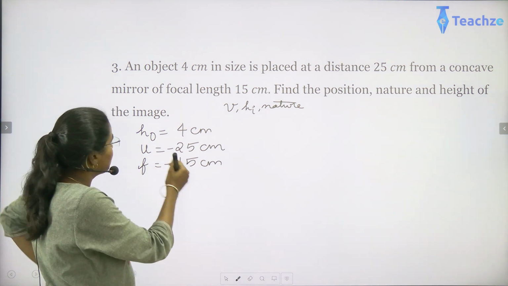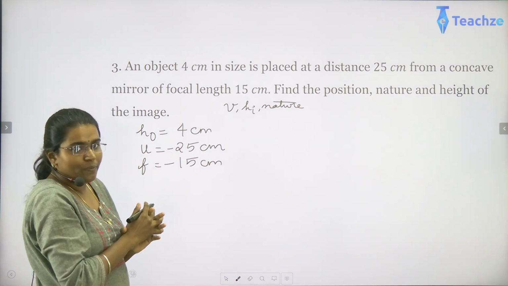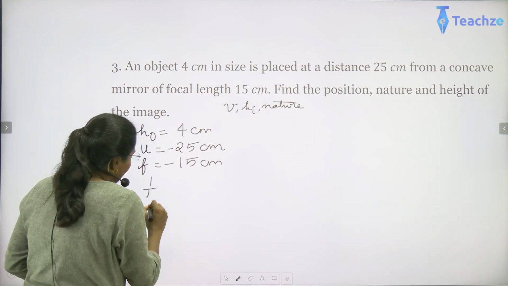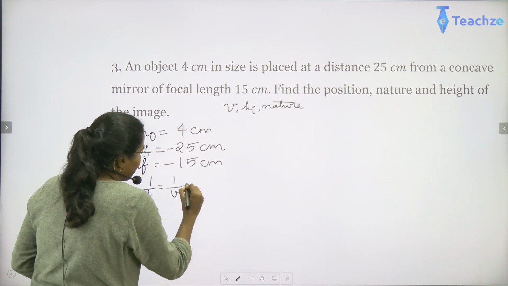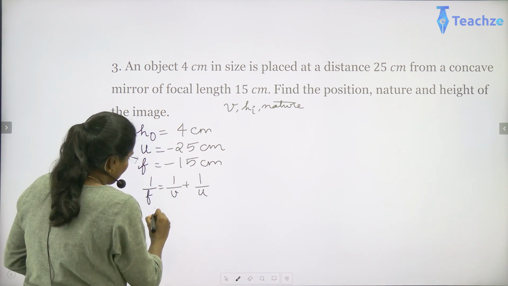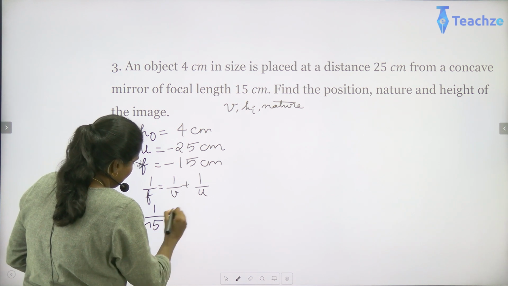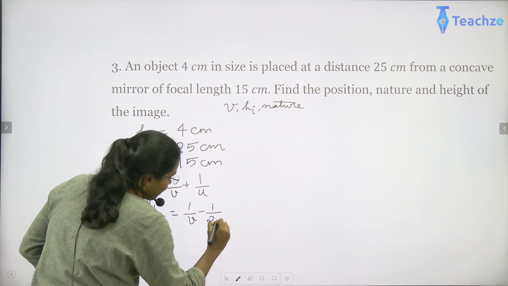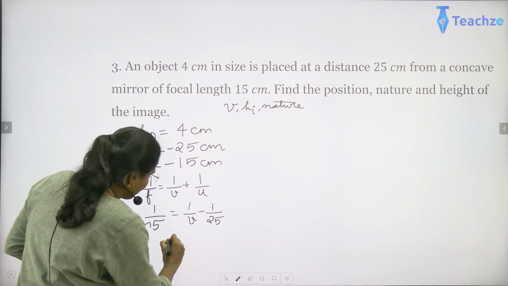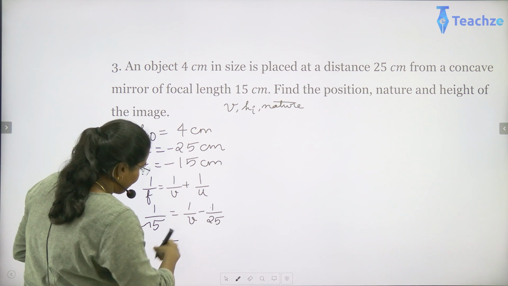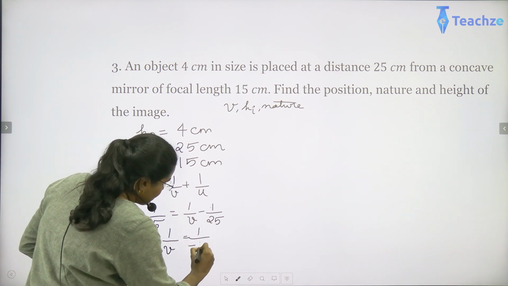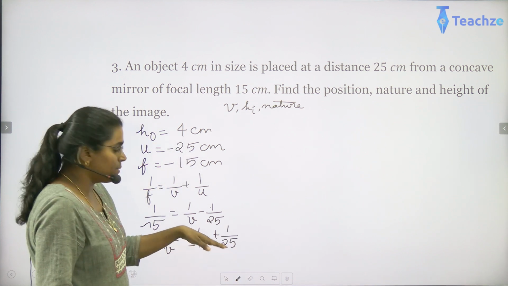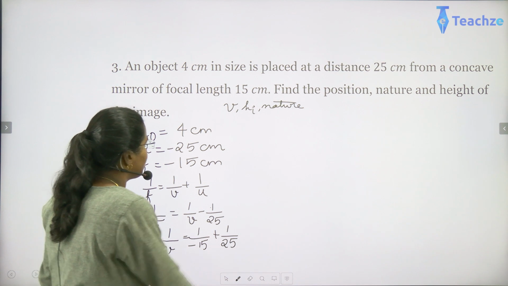Okay. So with f and u, we can find out v with the mirror formula. Good. So, 1 by f is equal to 1 by v plus 1 by u. So 1 by minus 15 equals 1 by v minus 1 by 25. I want only v, so I take the minus 1 by 25 this side. I will get minus 1 by 15 plus 1 by 25. The LCM between 15 and 25 will be 75.